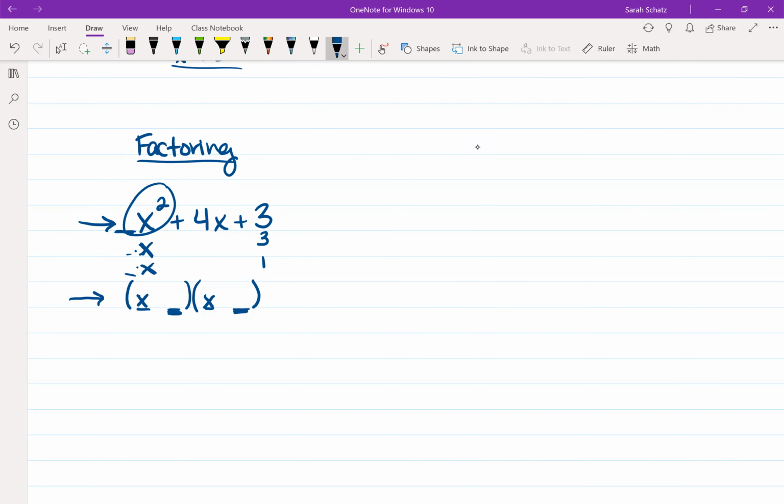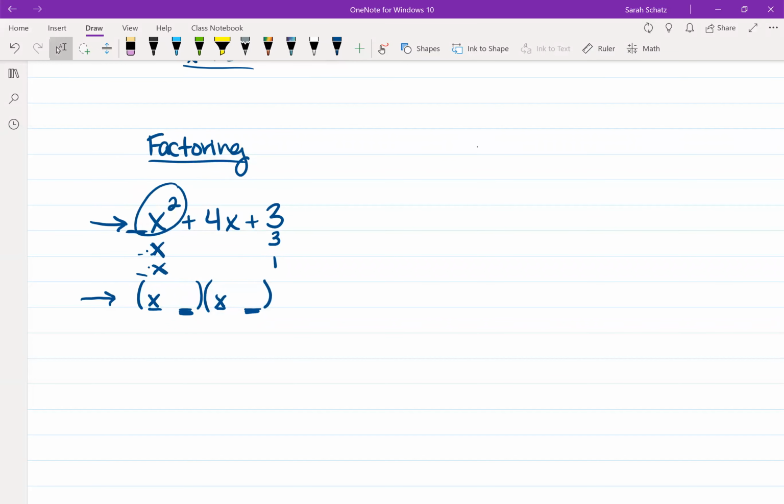So the way you know if you have the right factors here, I have 3 and 1, which again, I know we're right because it's the only choice. You can take these factors and add them together, and they need to equal this number here in the middle. So in my case, the 3 plus 1 is 4. That confirms for me that I have the correct numbers, and I can write a 3 and a 1 like this.